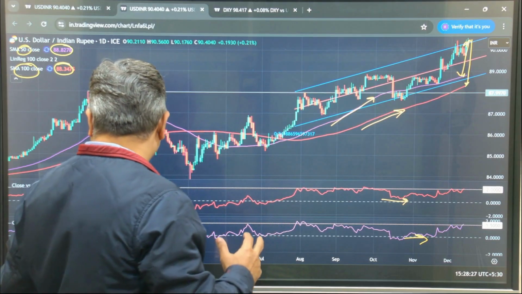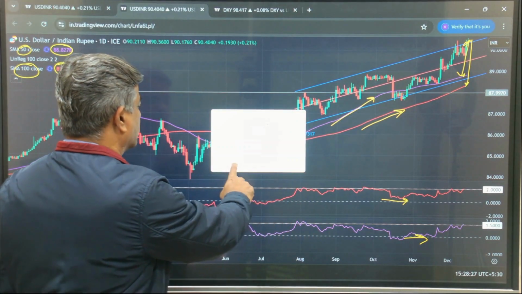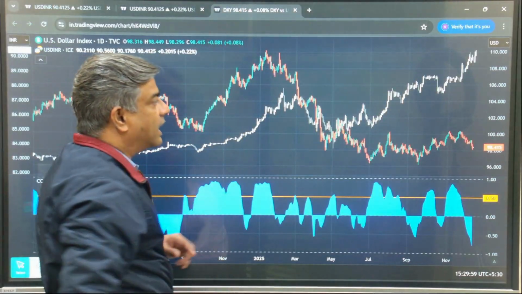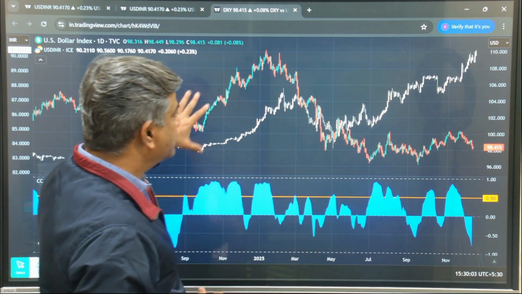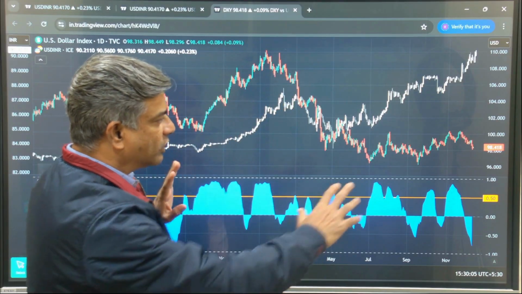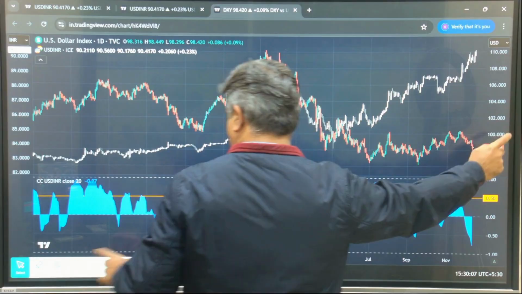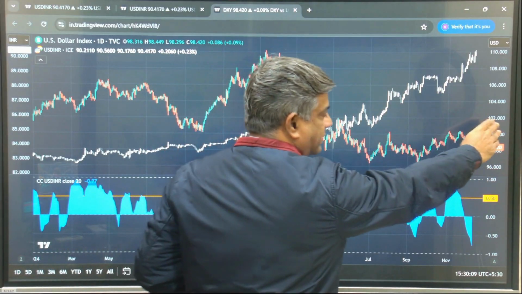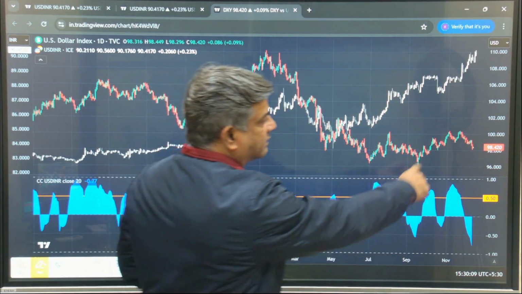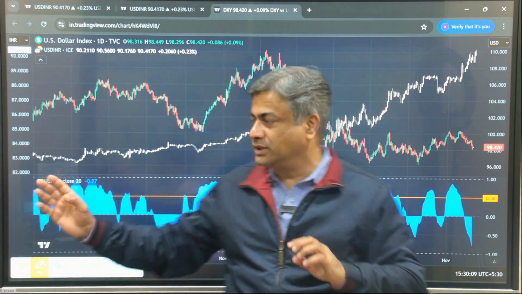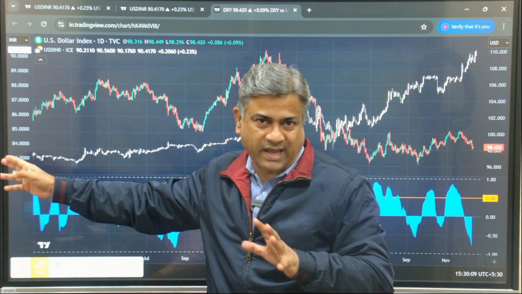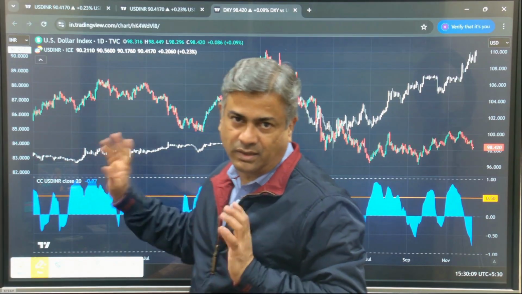Okay, another very interesting thing I wanted to show you was how the dollar INR compares with the dollar index. So if you see here, we have the dollar index which is scaled on the right y axis, the red and the green candles, and the dollar INR scaled on the left y axis, which is the gray and the white candles.